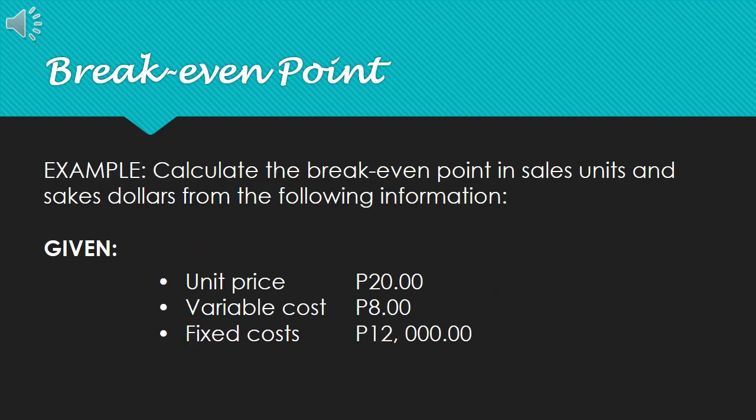For example, calculate the break-even point in sales unit and sales in peso from the following information. We have the given unit price equals 20 pesos, variable cost equals 8 pesos, and the fixed cost is 12,000 pesos.